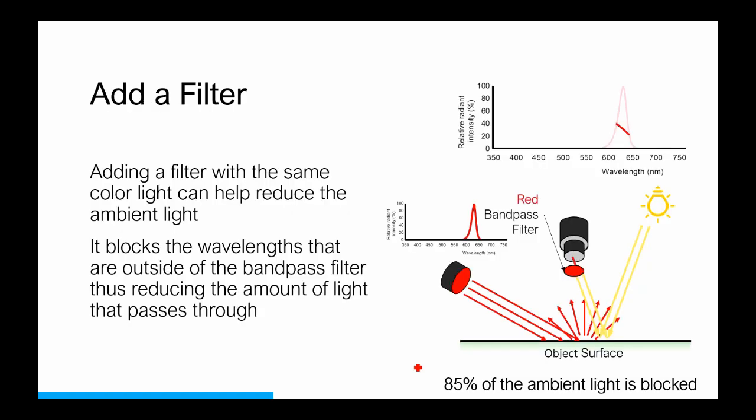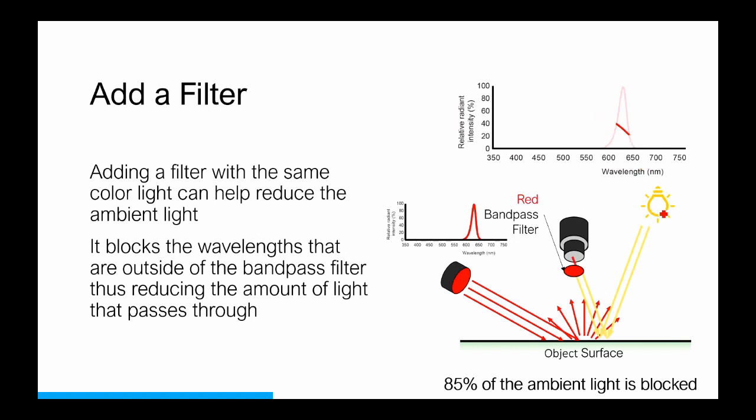So if we have a red light shining down, our red light is going to emit at between 600 and 650 nanometers. So all of the light coming from this light is within this little window here. Our white LEDs are going to have a much broader spectrum. This is the spectrum of a white LED.